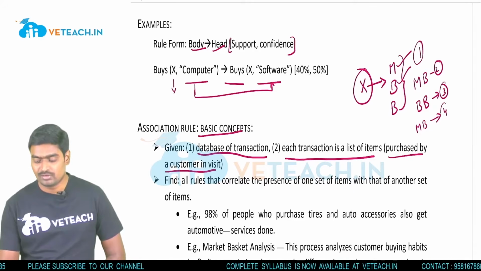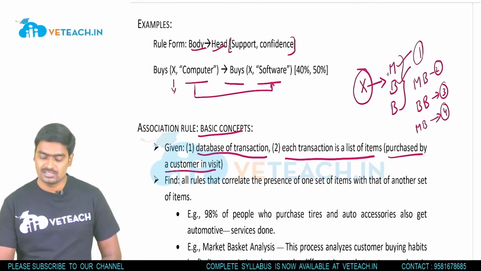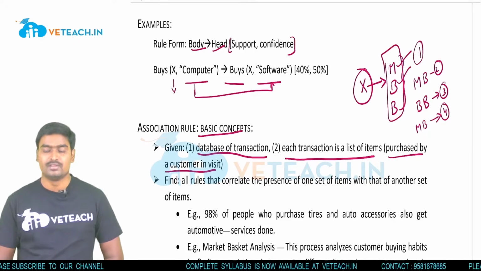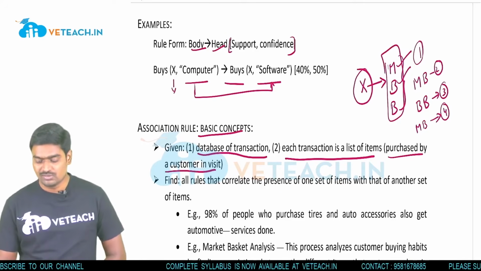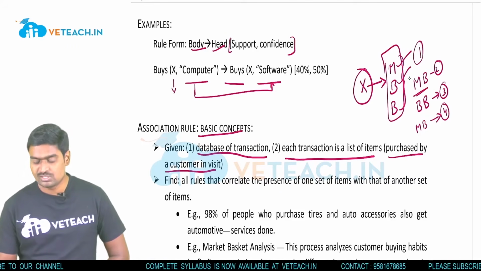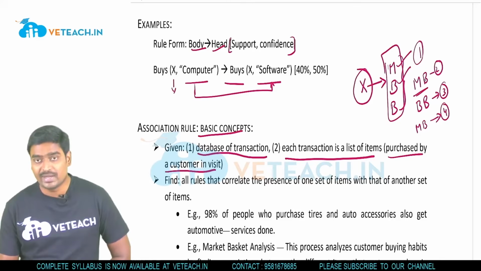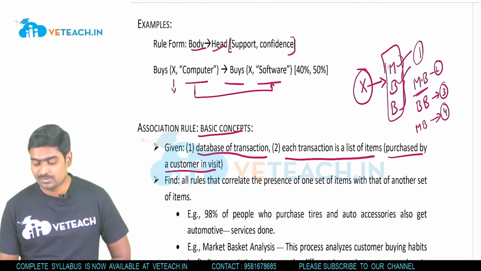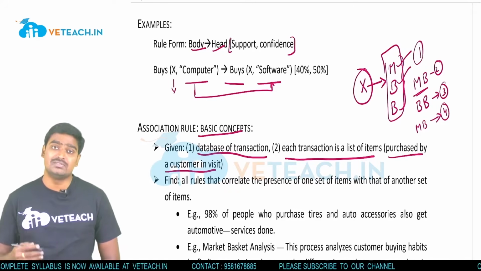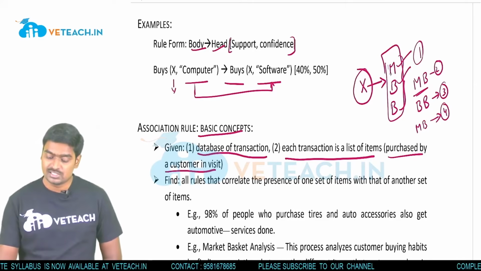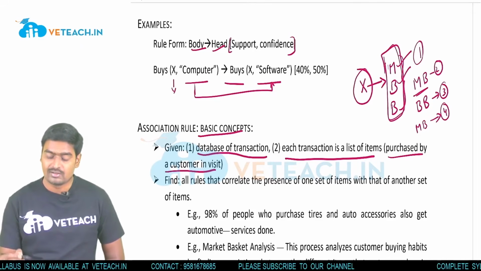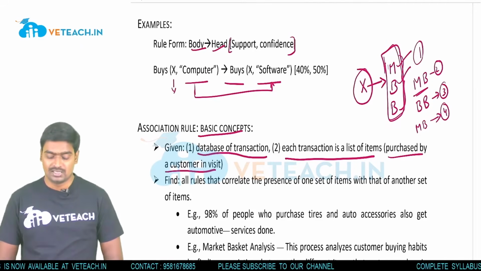So here four combinations are performed for this single case. What is the association rule? In these association rules, we have to combine or join the different item sets to generate a single frequent item set.